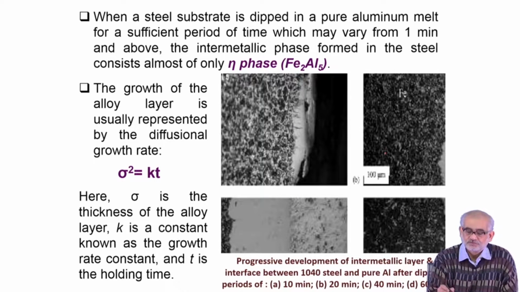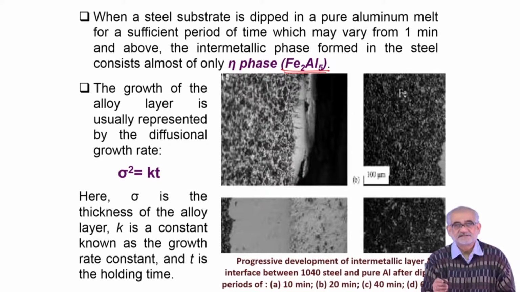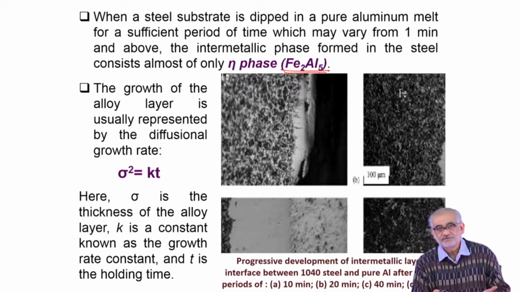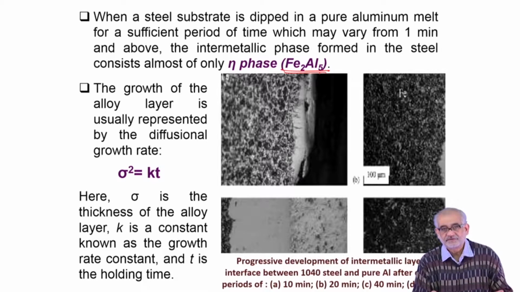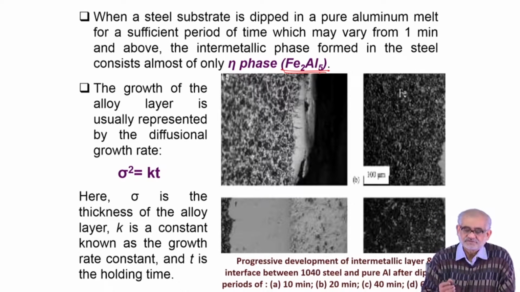Instead, they are known to form certain intermetallic phases, and it is very easy to understand why they form when you refer to the corresponding iron aluminum or nickel aluminum or titanium aluminum binary phase diagram. You will see there are multiple intermetallic phases possible in these binary systems.